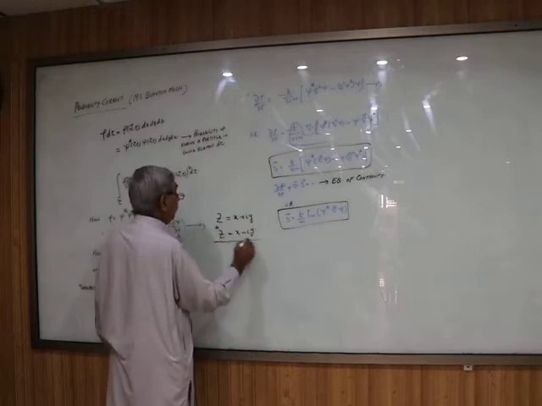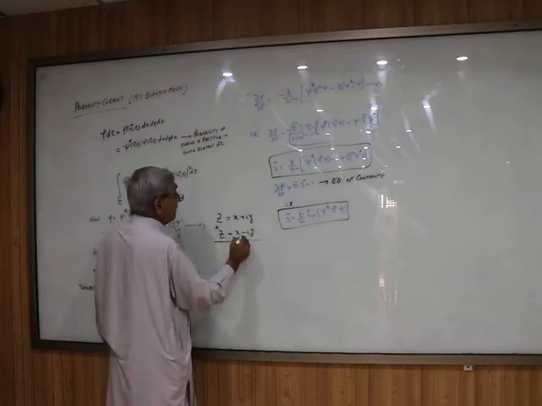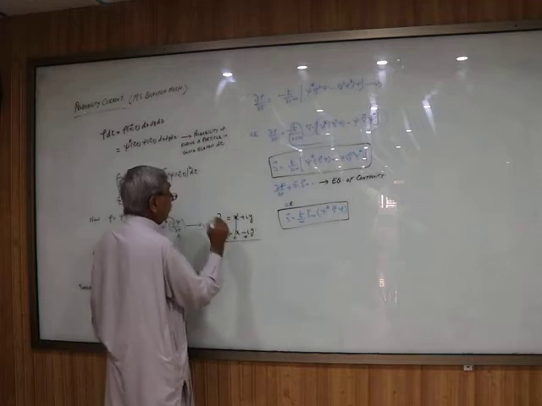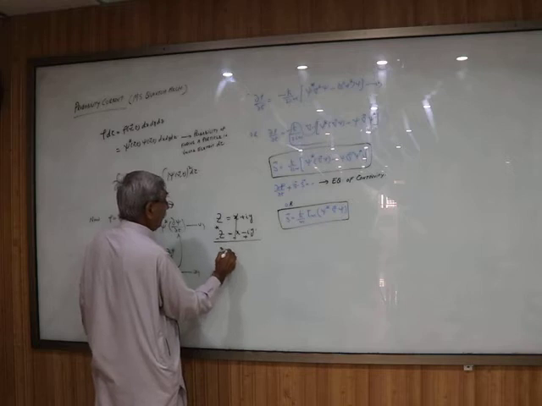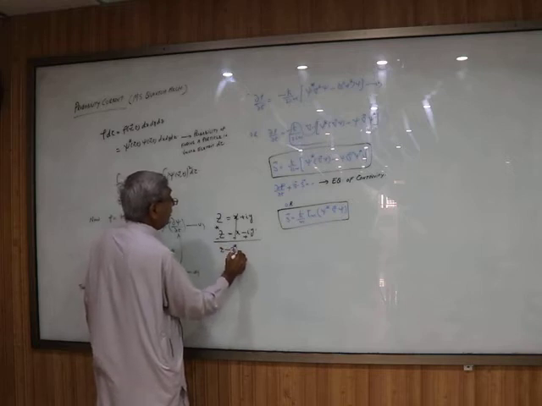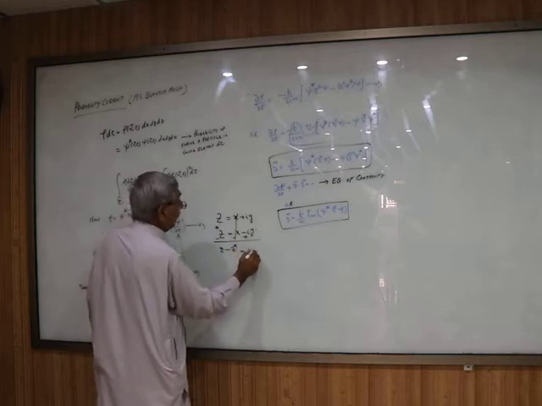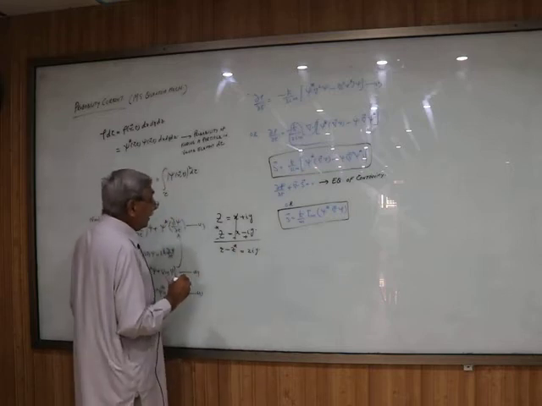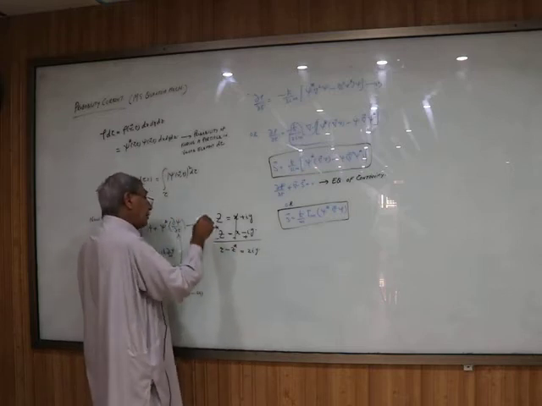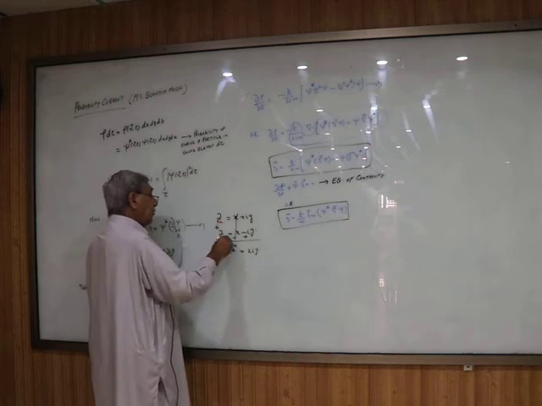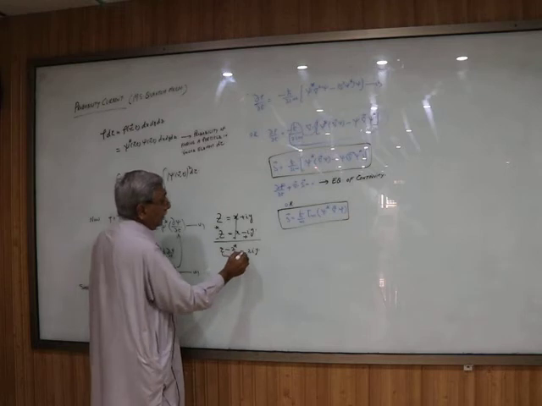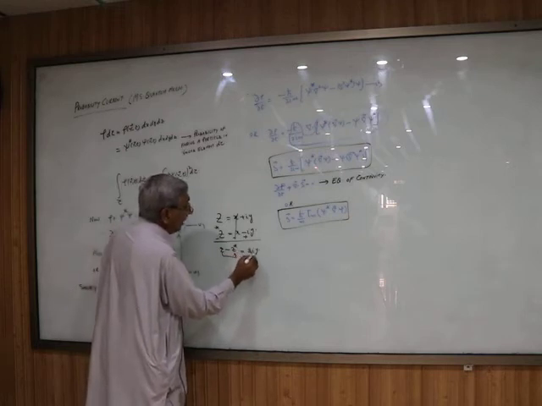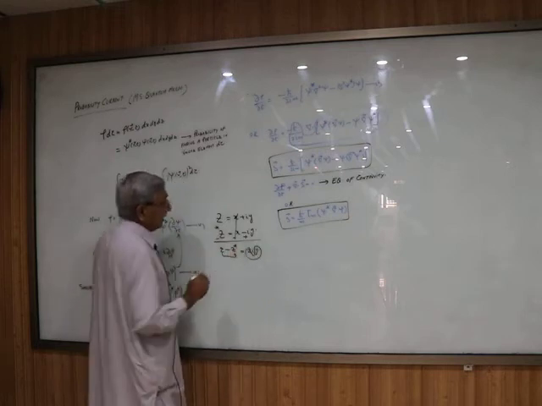Now what I do, I just cancel it, these two will cancel, and Z minus Z star is equal to 2iy. What does it mean? If you subtract the conjugate of a complex number from the complex number, the answer is 2i times the imaginary part of the complex number.